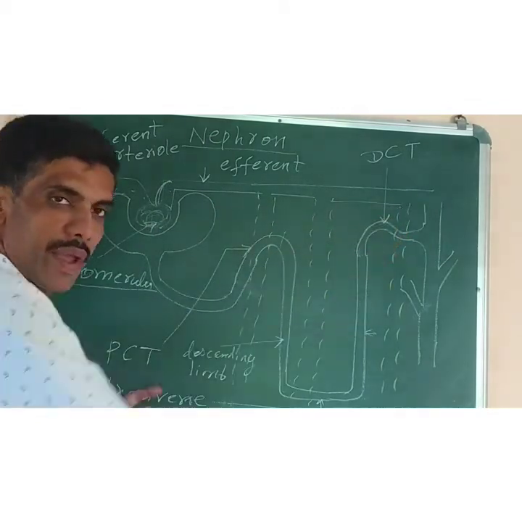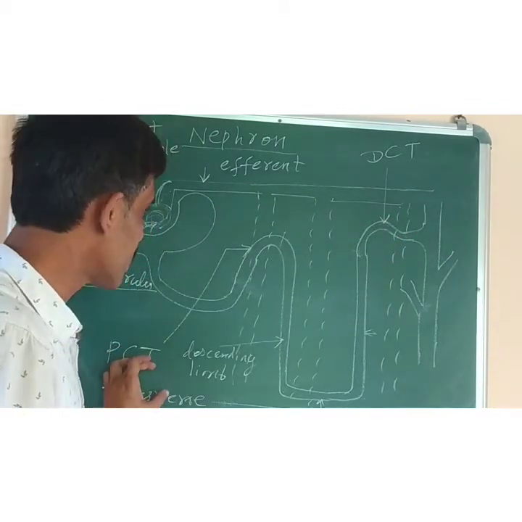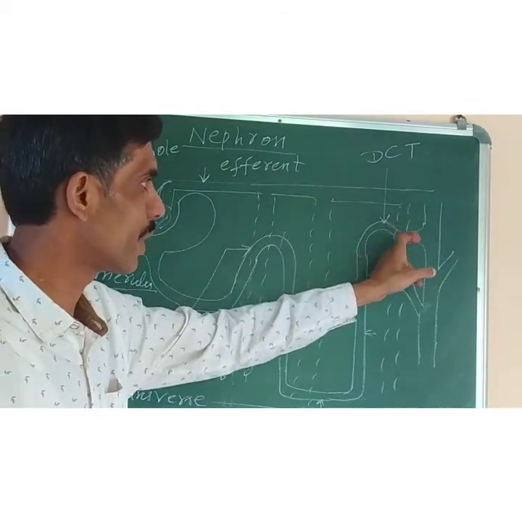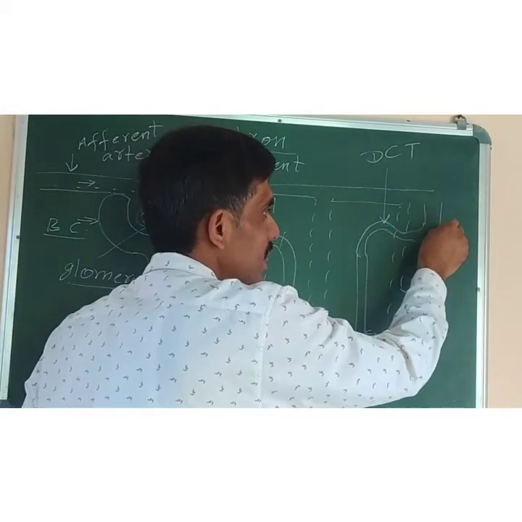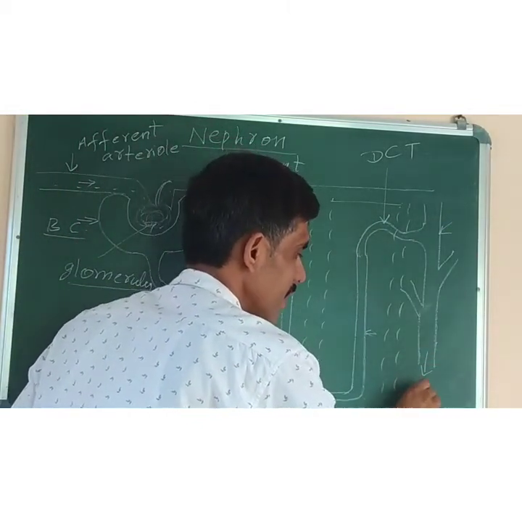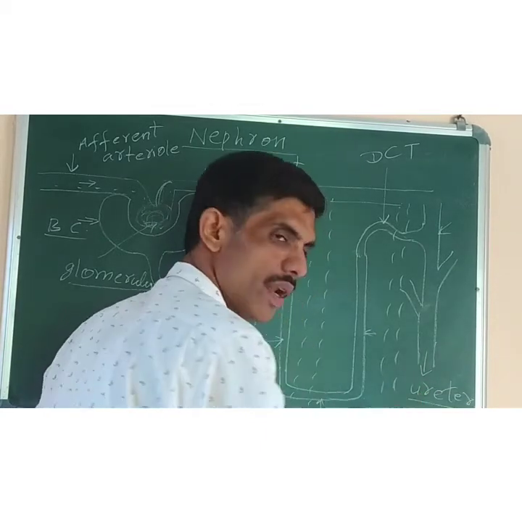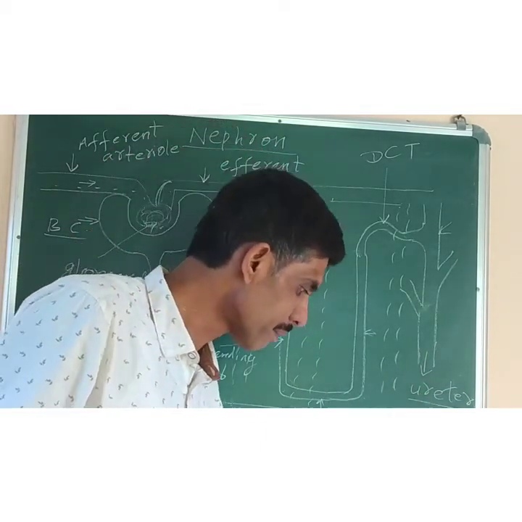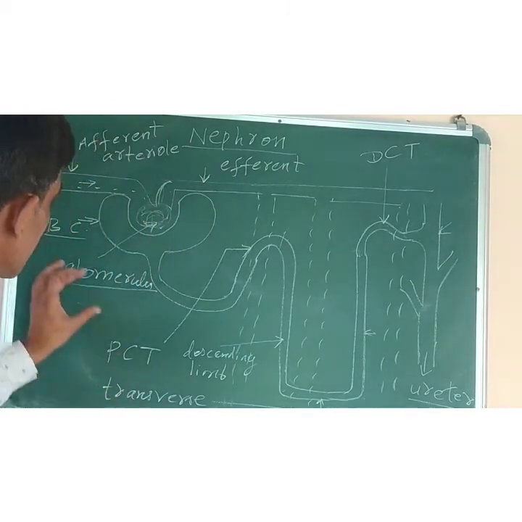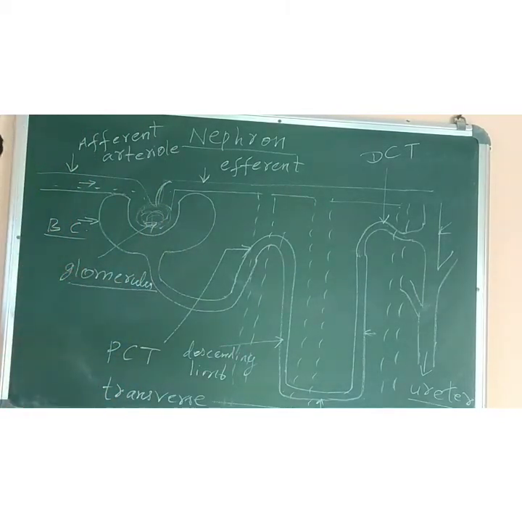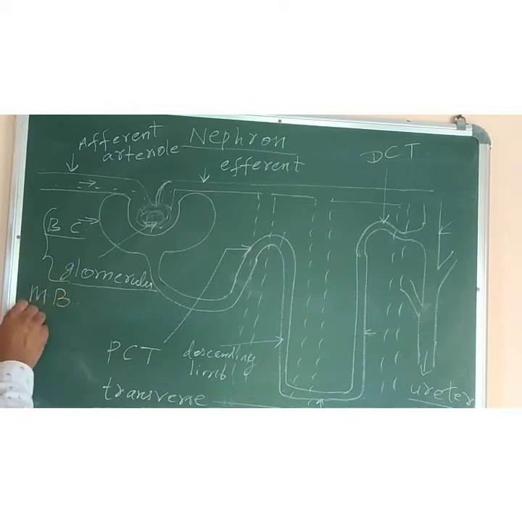Distal means far away. Okay. So proximal convoluted tubule, distal convoluted tubule. And finally this one is called the collecting duct, and it supplies the urine to the ureter, U-R-E-T-E-R. Alright? Understood now?